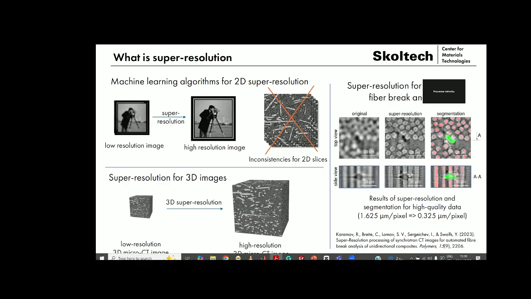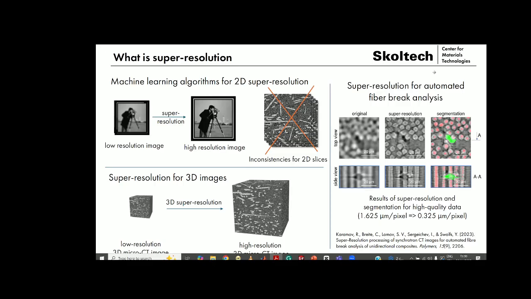This is already a very developed field, but for two-dimensional images. We cannot take these algorithms developed for 2D images and apply them to our 3D image, because there will be inconsistencies between slices, due to variability in slice-to-slice generation. This is why we want to have a three-dimensional generation.